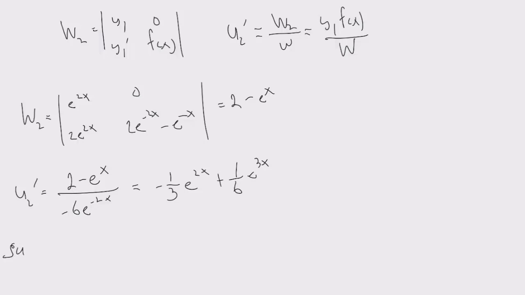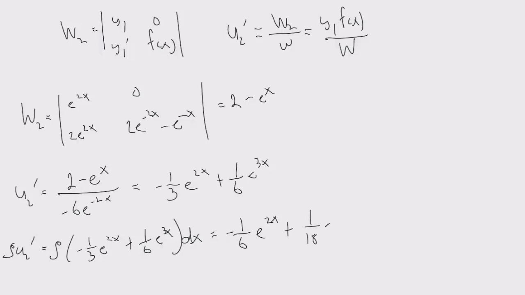And if we integrate negative 1/3 e to the 2x plus 1/6 e to the 3x dx, and again, it's that same u sub from before we want to just be careful of, that would give us negative 1/6 e to the 2x plus 1/18 e to the 3x.